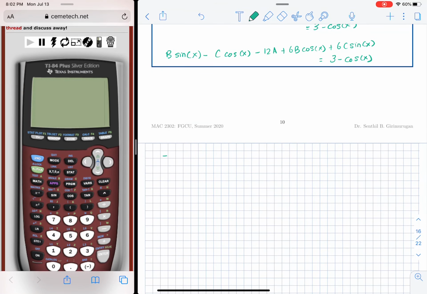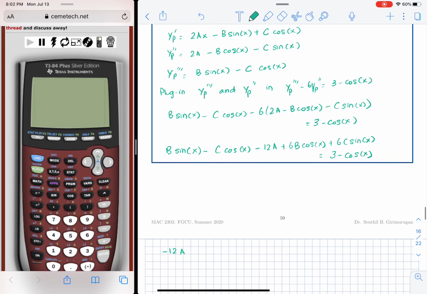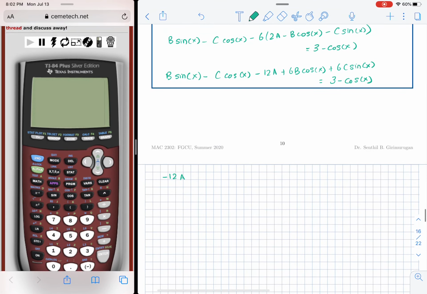Combine the like terms. So if I combine the cosine x terms, 6b minus c times cosine x, plus b plus 6c times sine x would equal 3 plus minus 1 times cosine x plus 0 times sine x.